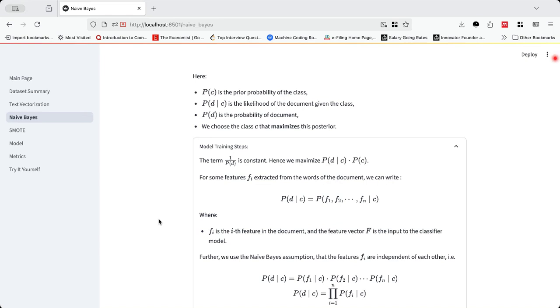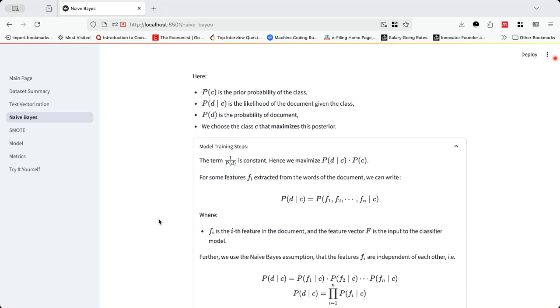Similarly, if the words do not influence each other, then the probability of encountering a particular word in a class can just be multiplied by the probability of encountering another word, and so on for each word in the document.